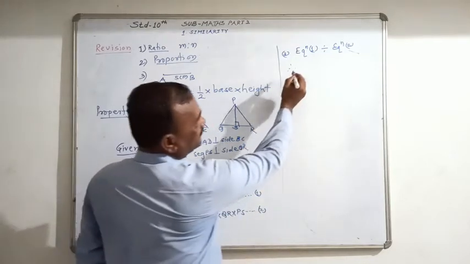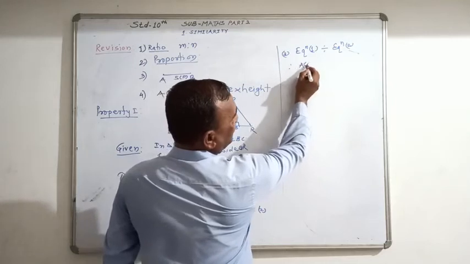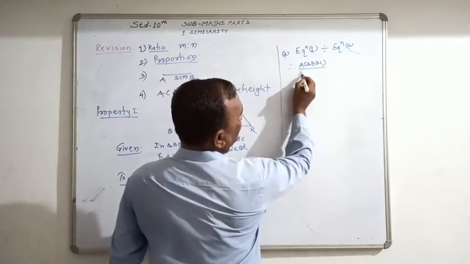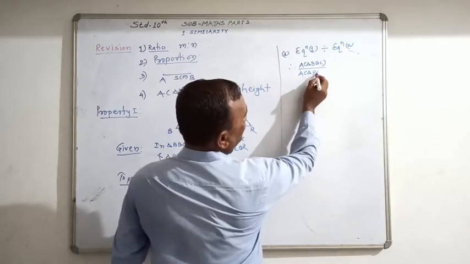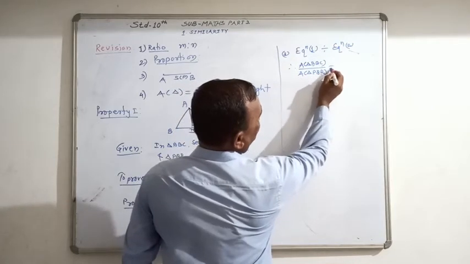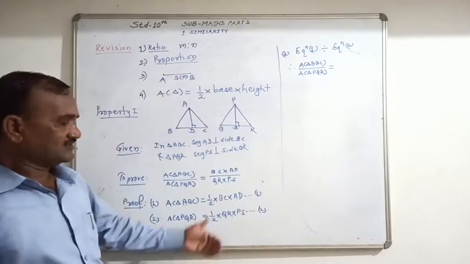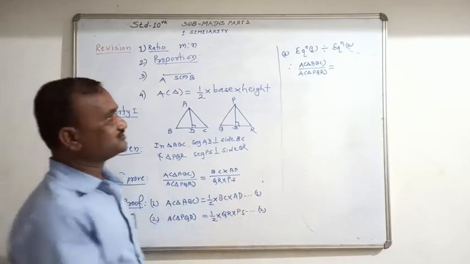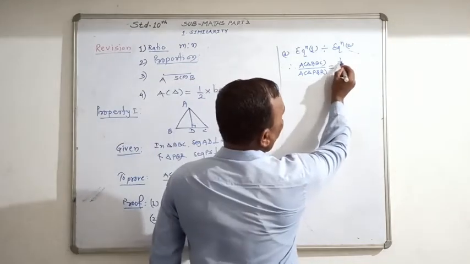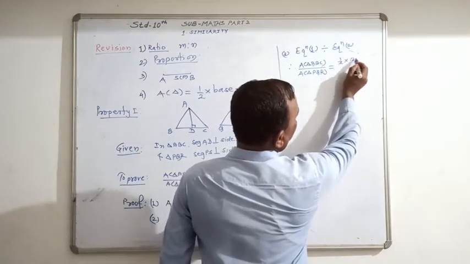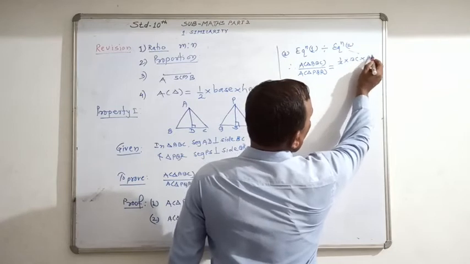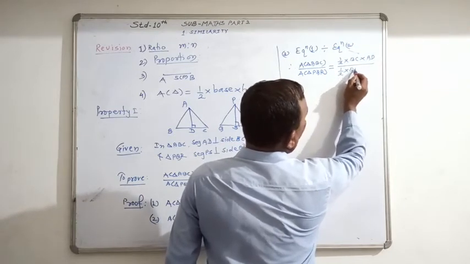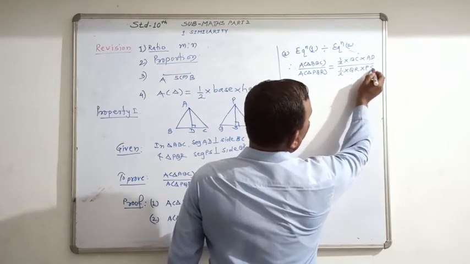So area of triangle ABC divided by area of triangle PQR is equal to, dividing the right hand side of equation 1 by the right hand side of equation 2, 1 upon 2 into BC into AD divided by 1 upon 2 into QR into PS.